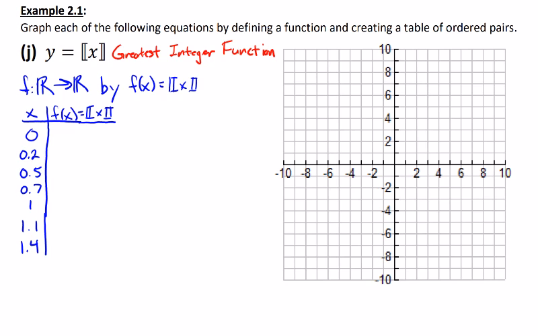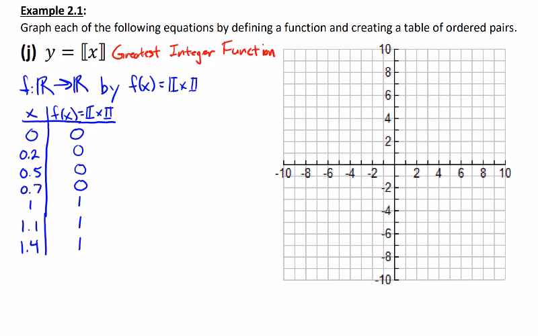And starting with 0, I'll go ahead and tell you that 0 is going to map to 0 for the greatest integer function. 0.2 will also map to 0, as will 0.5 and 0.7. But if I try to plug in 1, I map to 1. 1.1 is going to map to 1. 1.4 is going to map to 1.